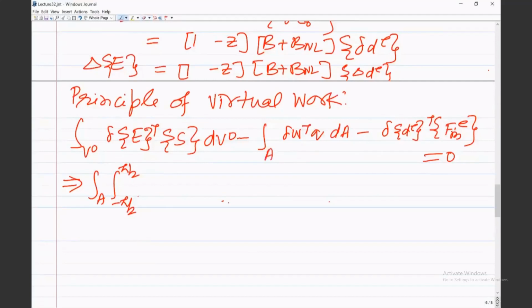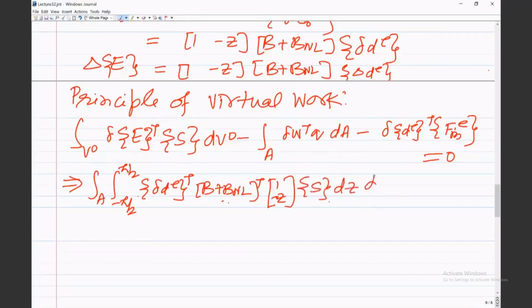So this is then going to be delta E transpose, which we have seen is (1 minus Z) (B plus BNL) into delta DE. When you take the transpose, it becomes delta DE transpose, then (B plus BNL) transpose, and then (1 minus Z) transpose, which becomes a column vector. So we will have (1 minus Z) as a column vector, and then this stress, dz dA.